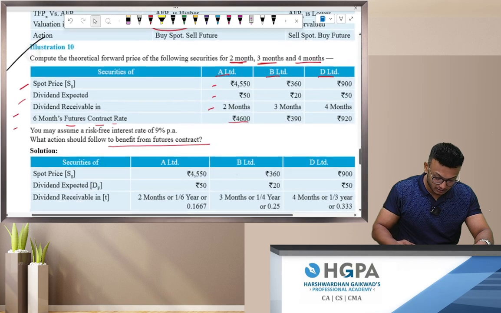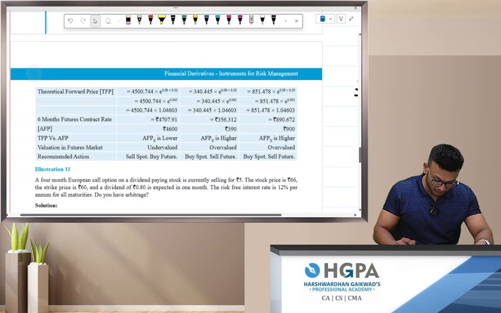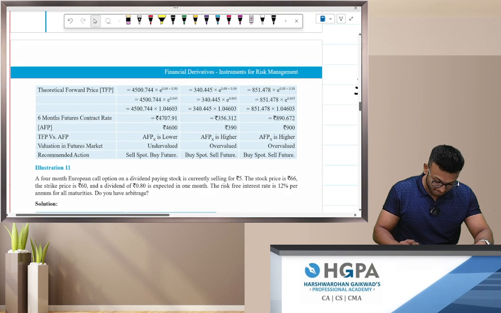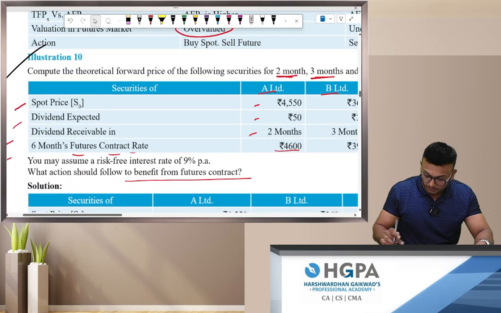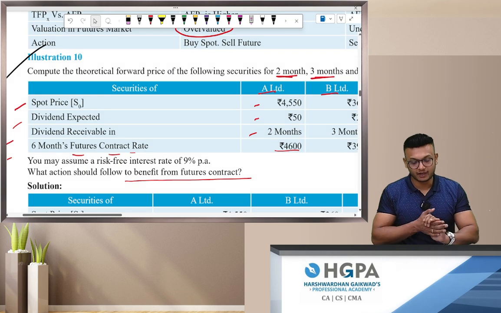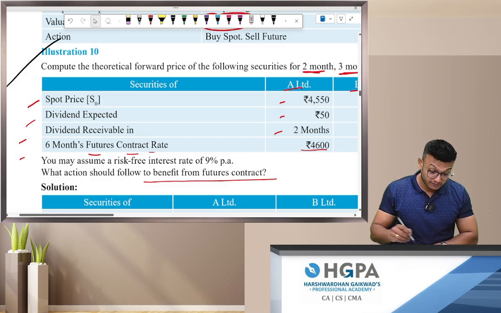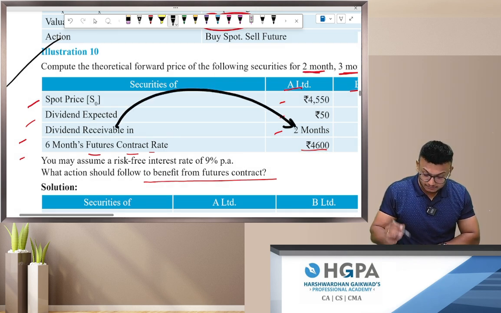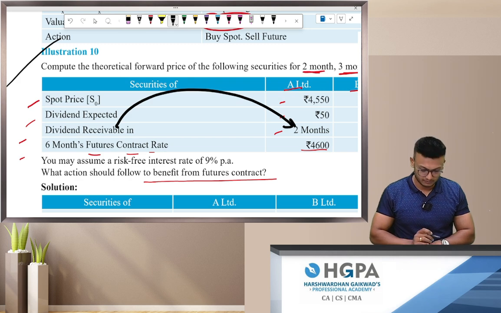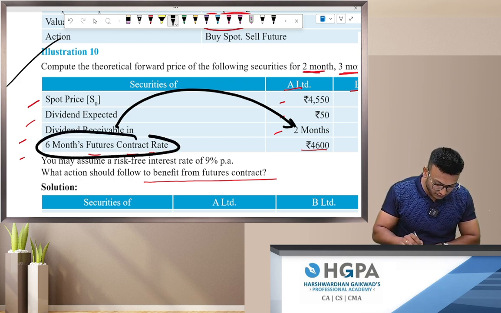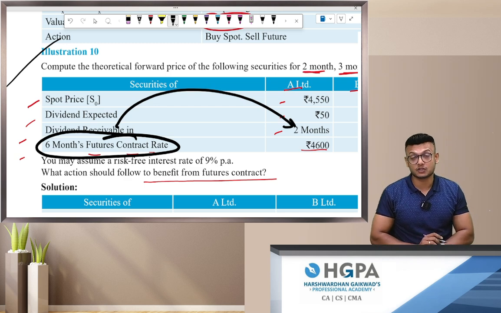By the way, just for your information, write this down somewhere, and I've also told you in the normal lectures. The dividend was receivable in 2 months. That's why we did 2 upon 12. But the contract is for how much? A 6 months futures contract.